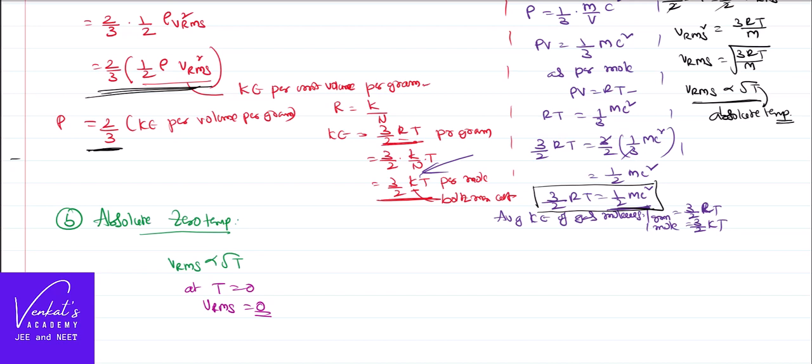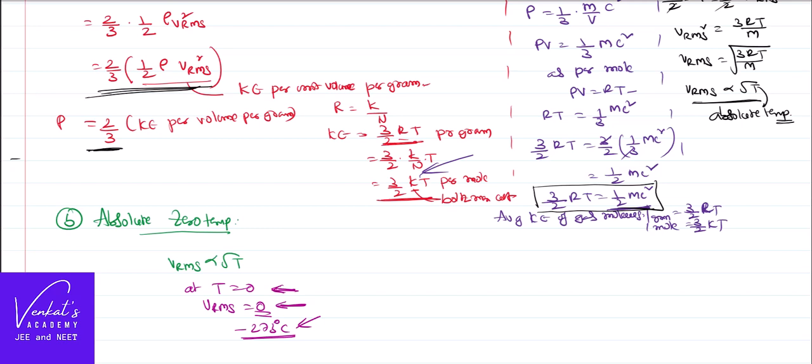So, for a definition's sake, we can say the temperature at which the RMS velocity of gas molecules becomes 0 could be called the absolute zero temperature. For an ideal gas, the value of that absolute zero temperature is minus 273 degrees centigrade. That is taken as a reference, and the Kelvin scale or absolute scale is defined. That's all about absolute zero.